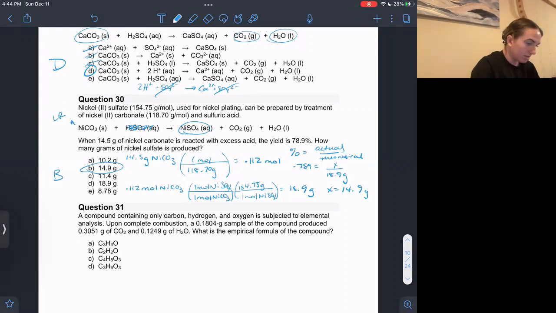And I expect to see a little bit less grams produced than my theoretical, because our percent yield is not 100%. So I'm pretty confident with this answer that it's going to be 14.9. If I did 14.9 divided by 18.9, that's 78.8%, which is pretty much 79%. Pretty close, probably some rounding in there. So yeah, awesome. I'm happy with that.